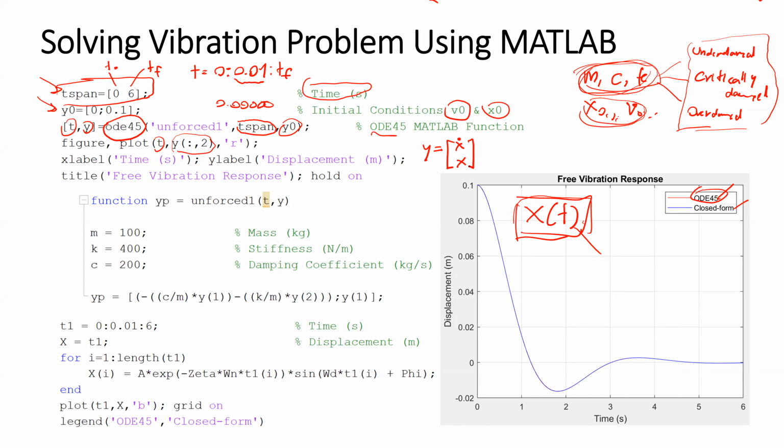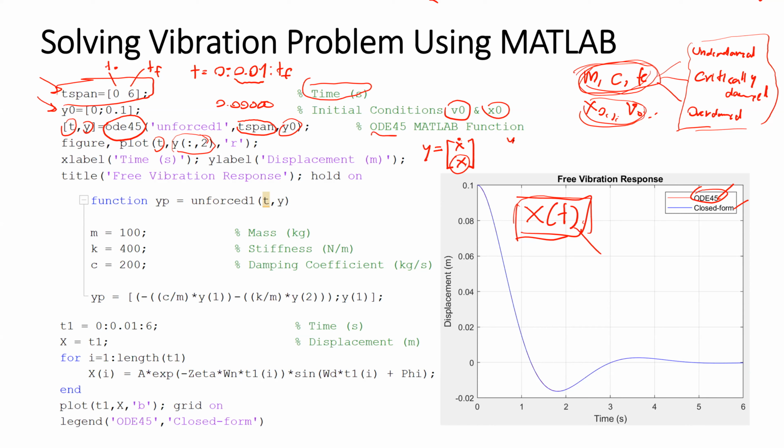The variable y will store x dot and x. This means if you consider the second component of y, if you pick this, you're gonna see x.